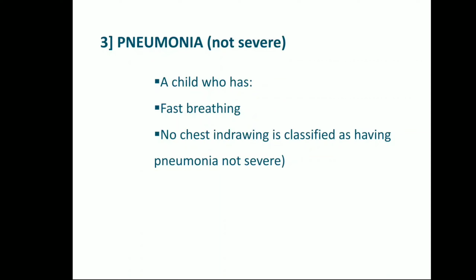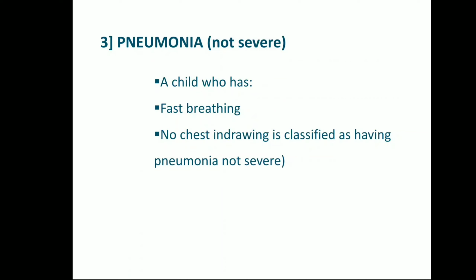So coming to pneumonia which is not severe, the child will have fast breathing, but there is no chest indrawing. When there is no chest indrawing associated with fast breathing, you have to classify the child as pneumonia which is not severe. If there is fast breathing associated with chest indrawing, and other symptoms like nasal flaring, grunting and cyanosis, you have to classify the child as severe pneumonia.